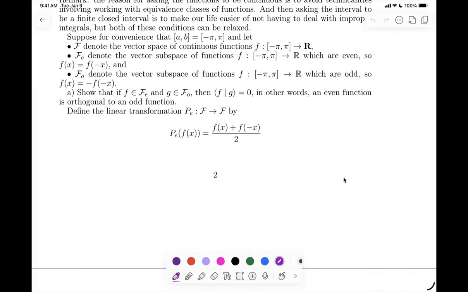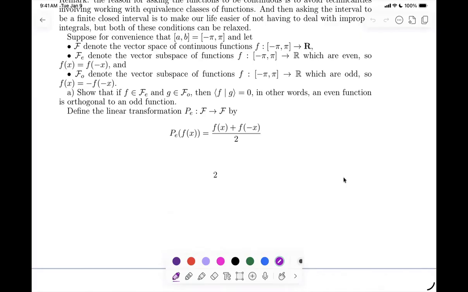I'm calling it P for projection because that's literally what it does. It takes a random function and turns it into an even function, using the trick that I mentioned: if you add to a function f its version at negative x, it automatically becomes even, and you divide by two. So it's a projection where you take a function and project it onto its even version.